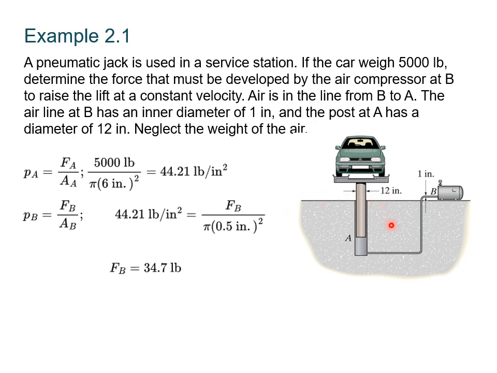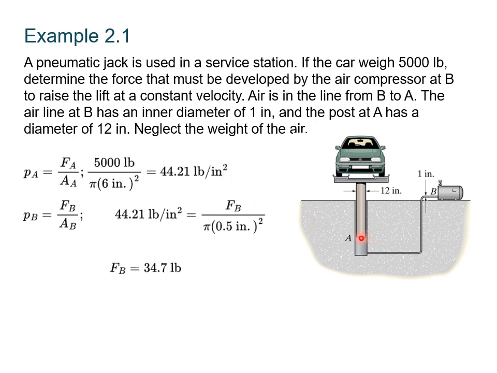So here we can calculate the pressure at A. So what's the pressure at A? It's going to be the force, which is 5,000 pounds, divided by the area of A, which is a cylinder, so it's pi r squared. So half of 12 is 6 inches, so it's pi times 6 inches squared. So the pressure at A is 44.21 pounds per square inch.